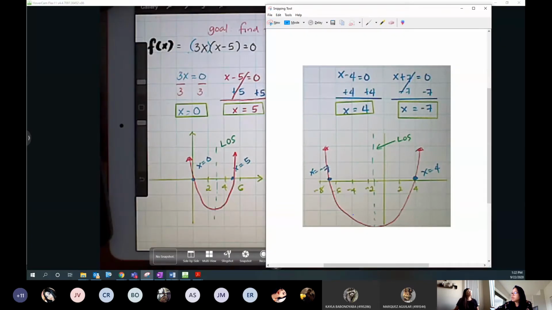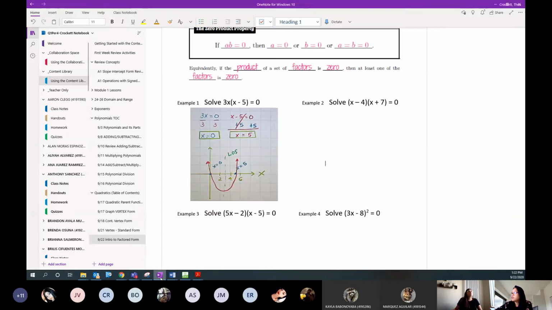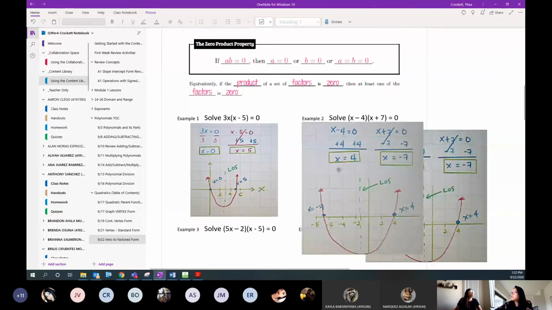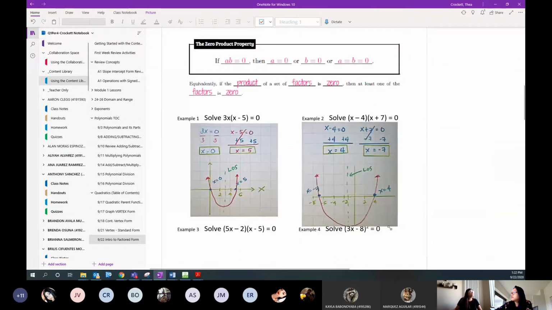Okay, so the next one, I'm still going to show it, but if you already know how to do it, please go ahead and continue those example 3 and example 4.